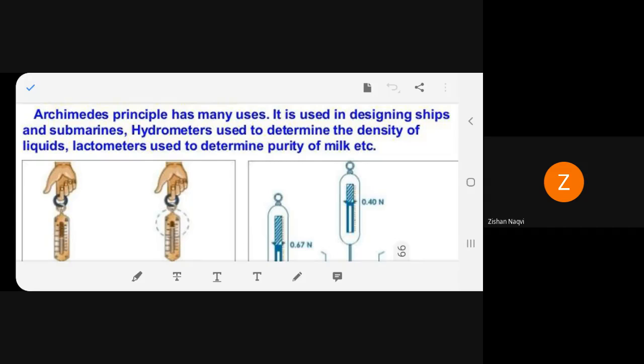This is what the Archimedes principle is used for, to make those ships and submarines. And we have hydrometers, which are used to find out the density of liquids, unknown substances. And there is another instrument called a lactometer to find out how pure the milk is. Is it clear?